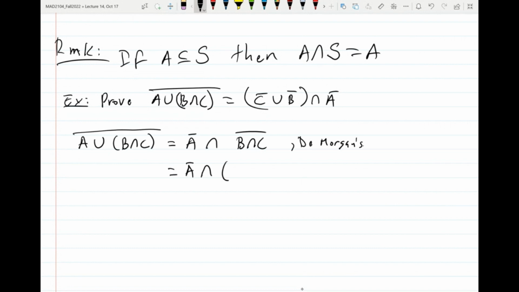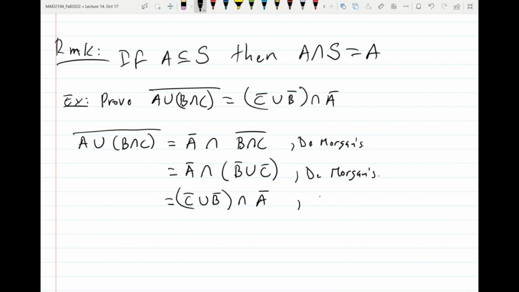So this is A complement intersection B complement union C complement, De Morgan's. And if you want to really put it that way, then you just rearrange, right? So use commutativity of both intersection and union, then you can show that this is the same thing as C bar union B bar intersection A bar. That's commutativity.